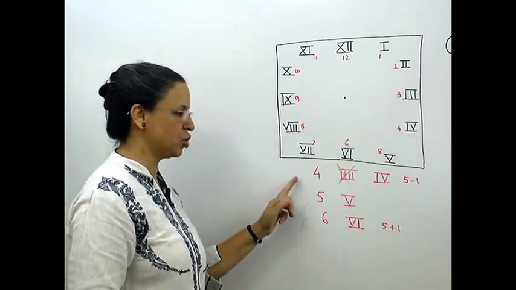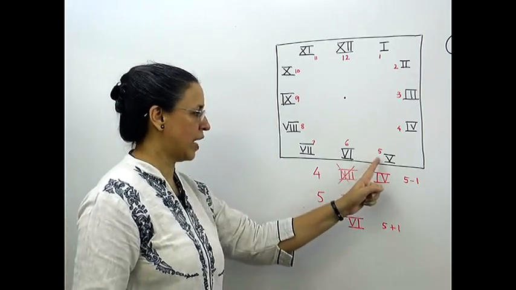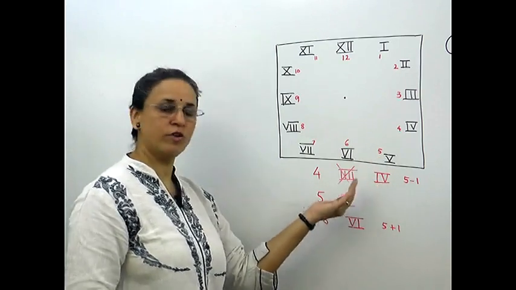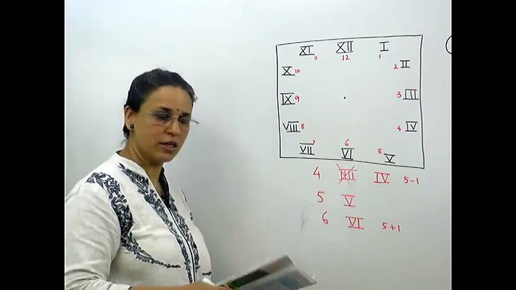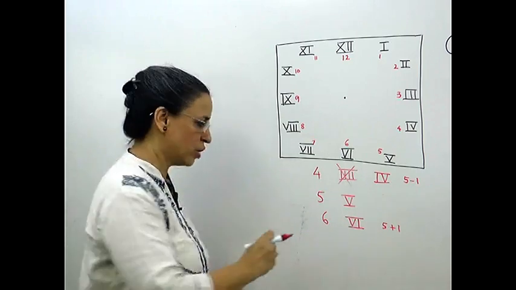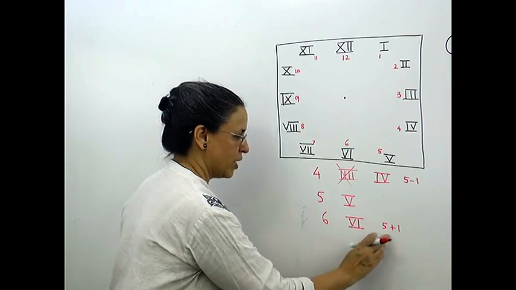In 4, many children make a mistake. But here in 4, you have to remember that you put 5 and then minus 1. Whenever you minus, you have to put a line on this side. That means when you're writing, it will be on your left side. And when you're doing addition, it will be on your right side. So for number 6, 5 plus 1 will make it 6.